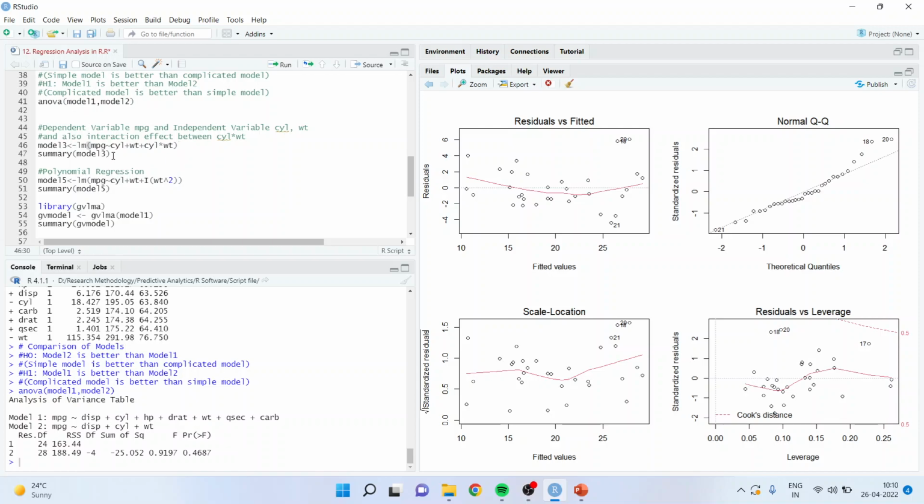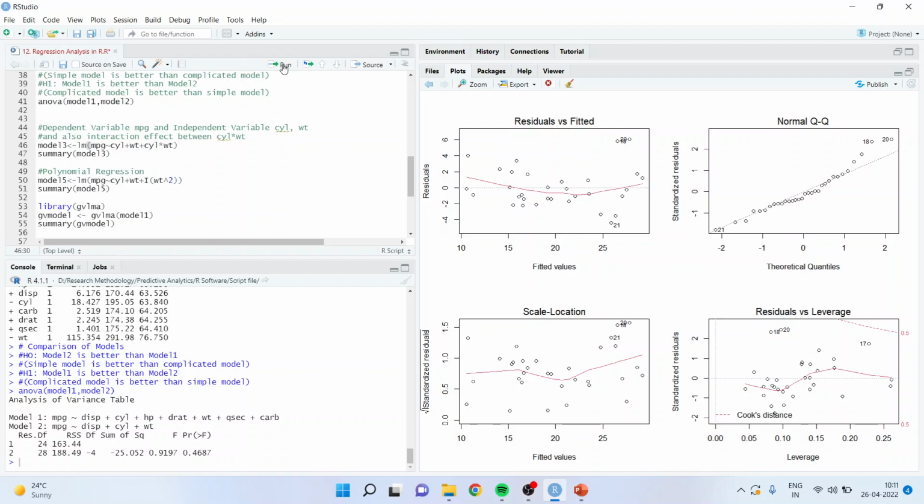So I am saying that the cylinder and weight are not going to work in isolation. There must be some interaction effects. Naturally, the concept is, as the number of cylinders increases in the vehicle, the weight will increase, so cylinder and weight are going together, and is there a joint effect of this or not?